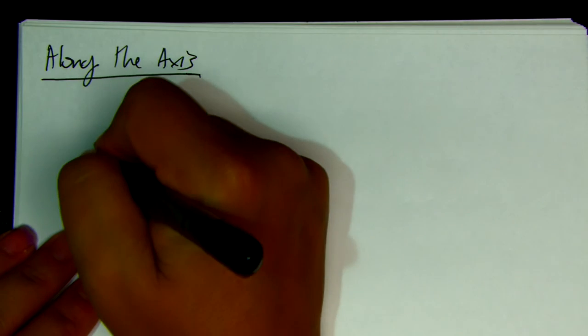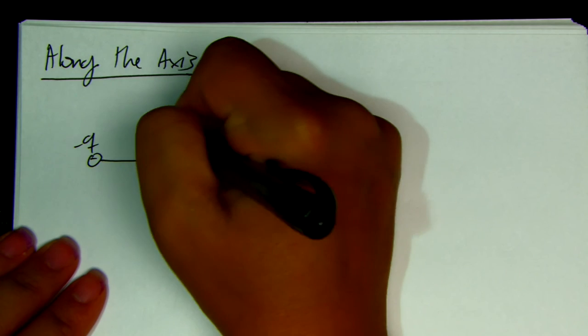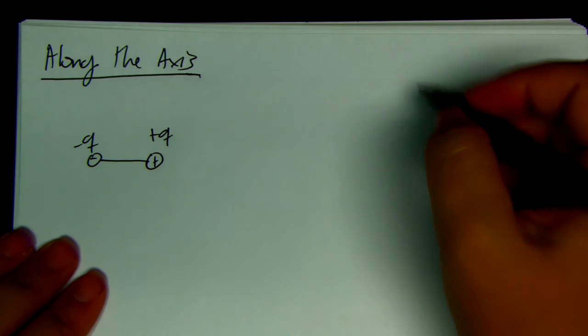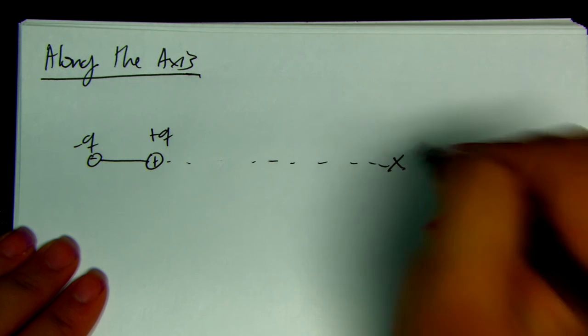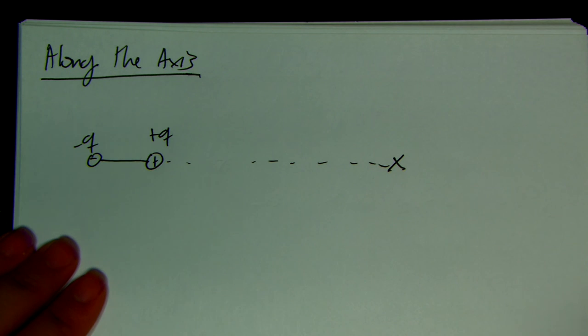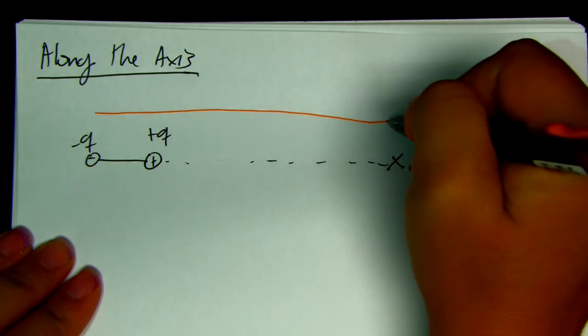So we're going to start off with along the axis. All right, so we have a dipole here. So we have minus Q and positive Q, and then we're going to look at the electric field at position A. For the superposition principle, we're going to have the R minus vector, which will go from here to here.